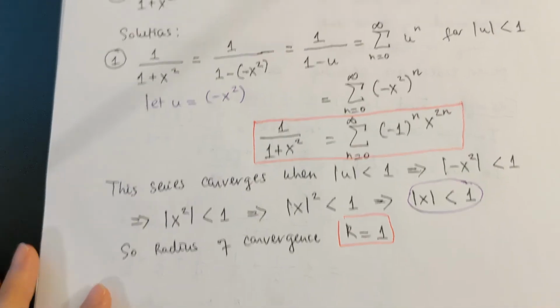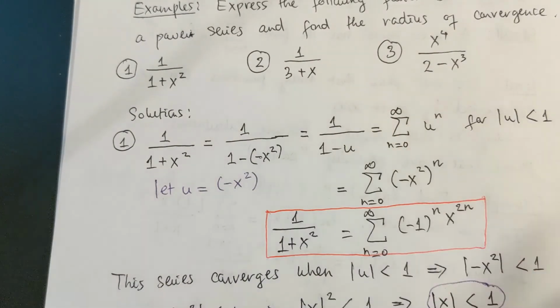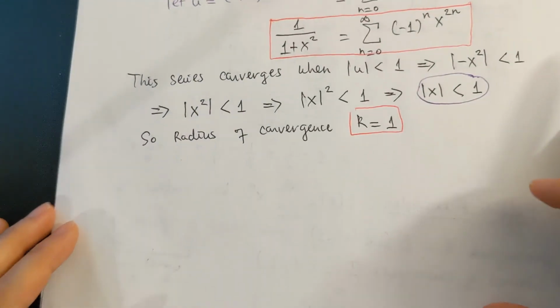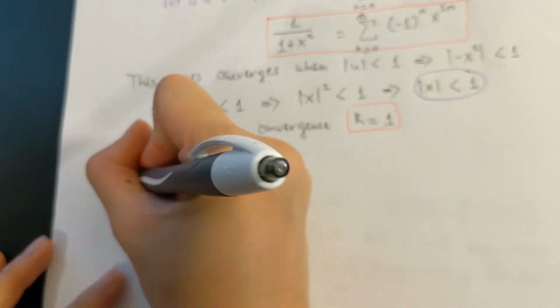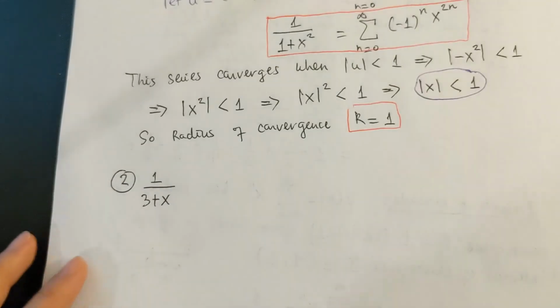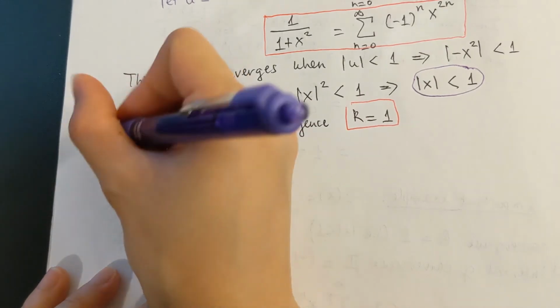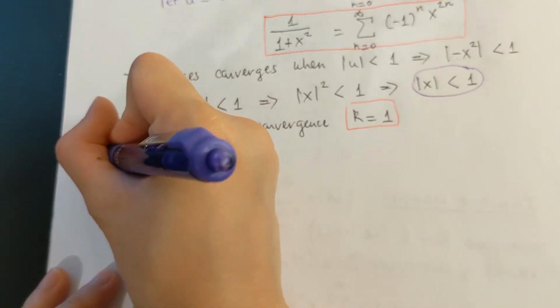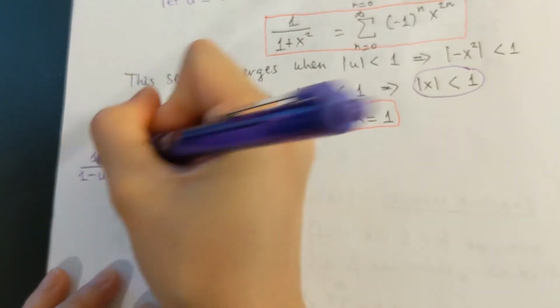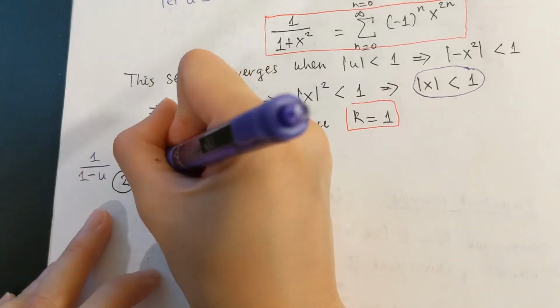All right, so let's look at the second example, 1 over 3 plus x. Keep in mind that I always want to translate it back to the form 1 over 1 minus u.